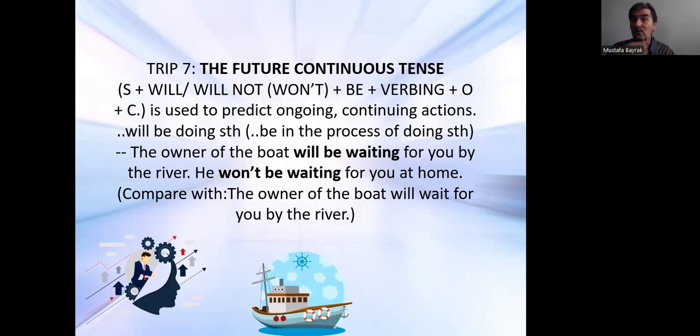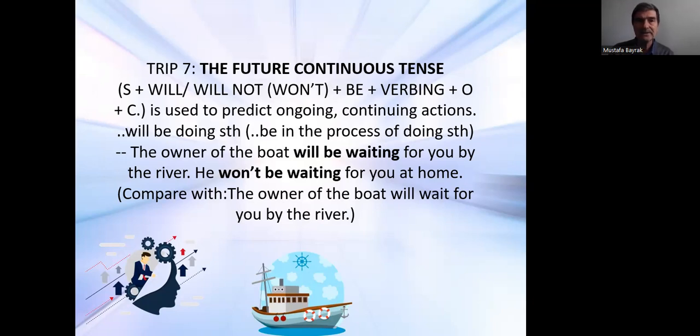Not was verb-ing, that is for the past continuous. Now, for the future continuous: will be verb-ing, or won't be verb-ing, will not be verb-ing. Okay? Of course, every verb requires an object and a complement.